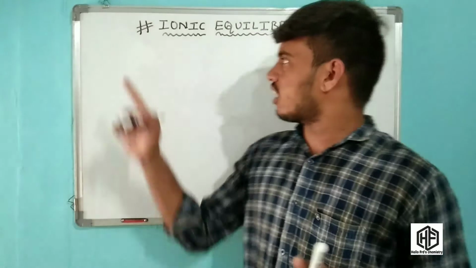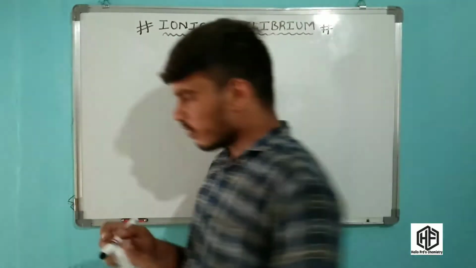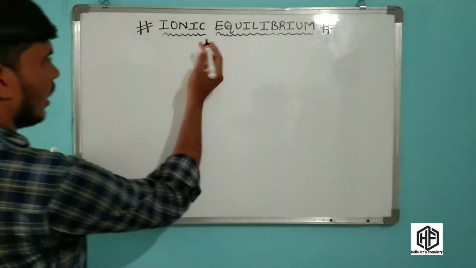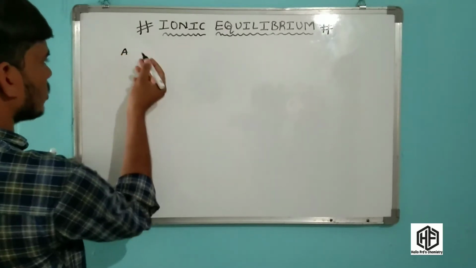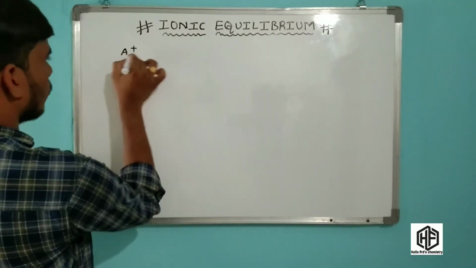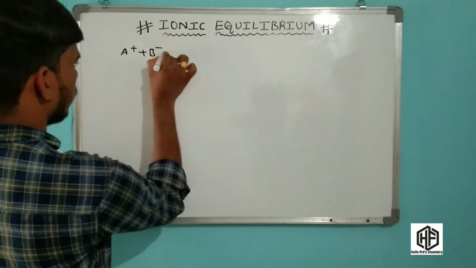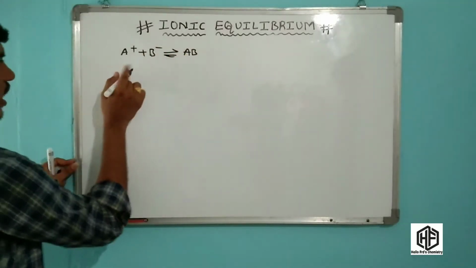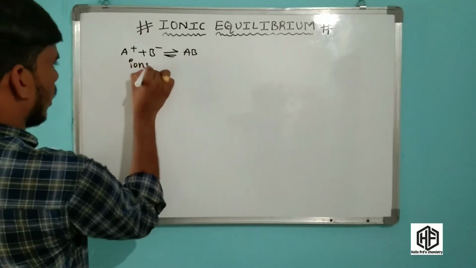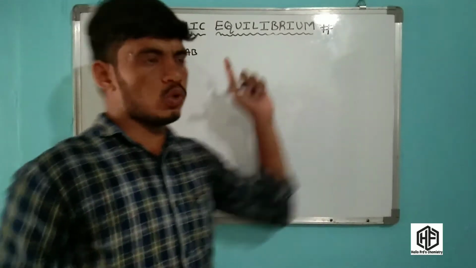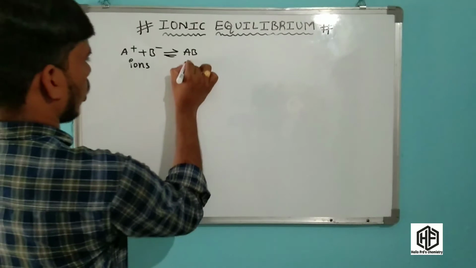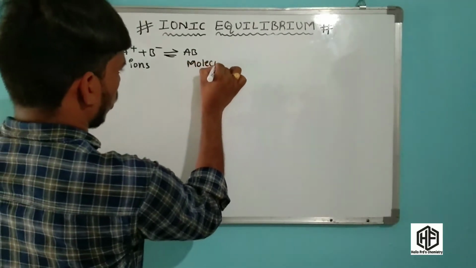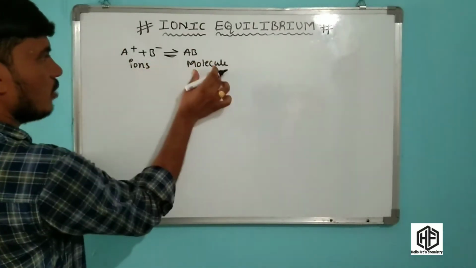The concept is ionic equilibrium. Friends, what is ionic equilibrium? For example, A plus and B minus give AB. These are the ions. Ions are in equilibrium with AB, which is called a molecule. Ions are in equilibrium with molecules.